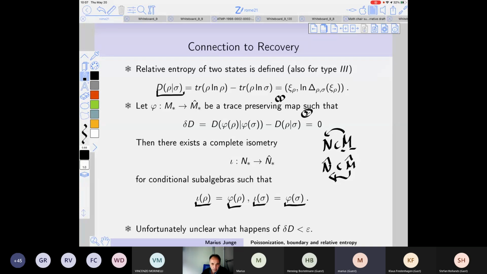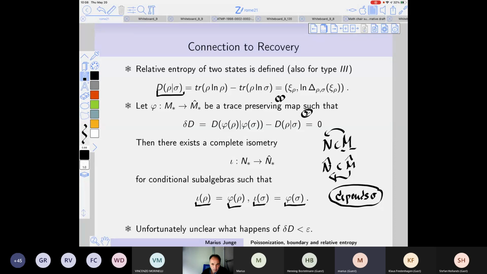Now, I should tell you that this is very local, right? So this construction depends on sigma, as it should, right? I mean, if we fix sigma, then these maps depend on it, so the isometry which you construct here depends on sigma. It's not universal. And also this equality being 0 is used in this construction.